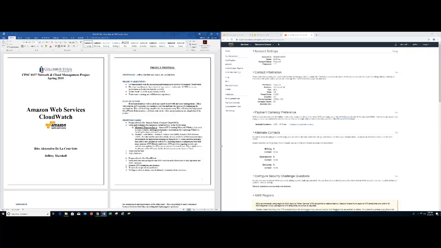Today let me go over some of the plan of action that we had. Both of us would research and report on network and cloud management. Then I would set up an AWS account, and Rita would help set up the environment. Then we would both set up and work on CloudWatch, and then work on a video and completion of the project.